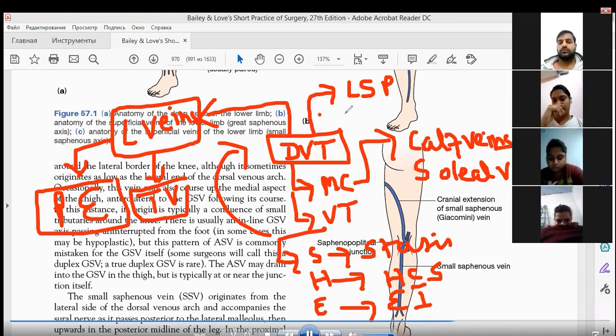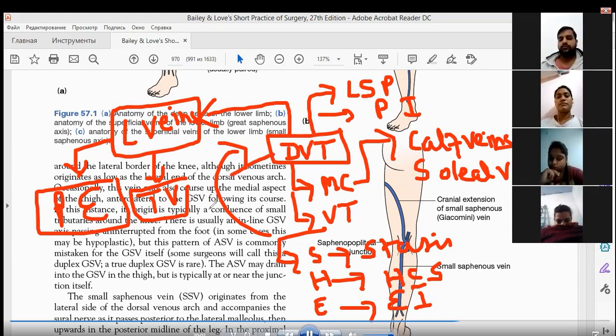Or prolonged immobilization. For example, if you are driving a car for long periods, or on long flights, it can also result in DVT.